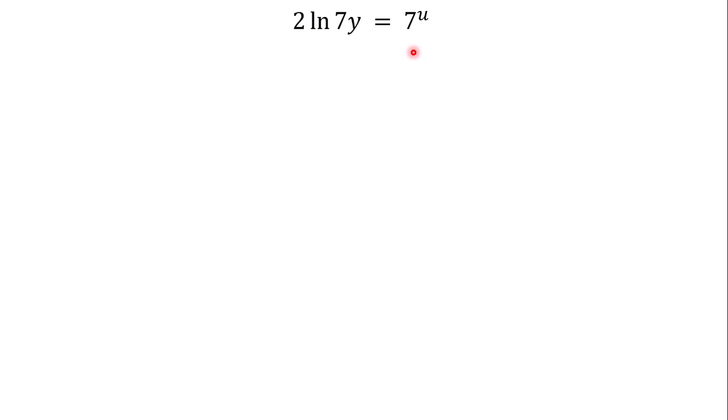Okay, good. So now when you differentiate 7 raised to the power u, what you are going to get is 7 raised to the power u multiplied by ln 7.